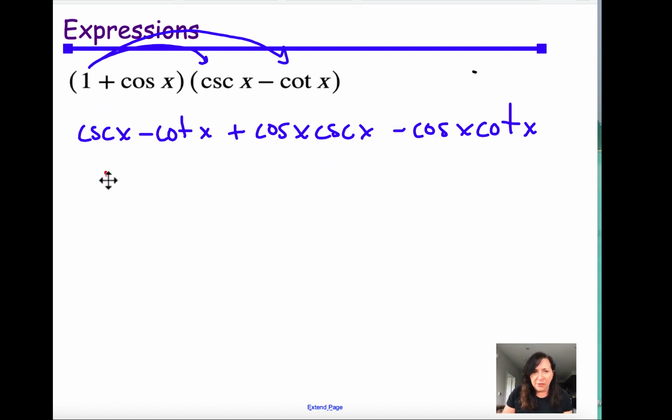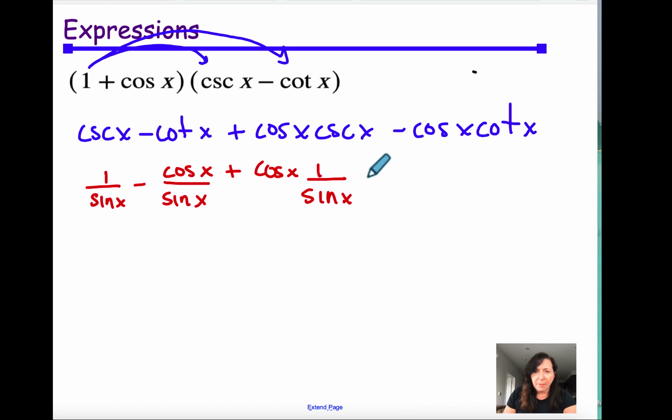So cosecant is 1 over sine of x, minus cotangent, which is cosine of x over sine of x, plus cosine, that stays here. Cosecant is 1 over sine of x, minus cosine of x.